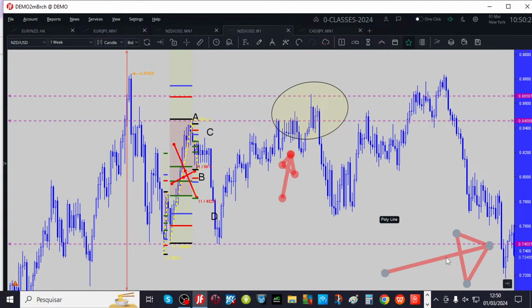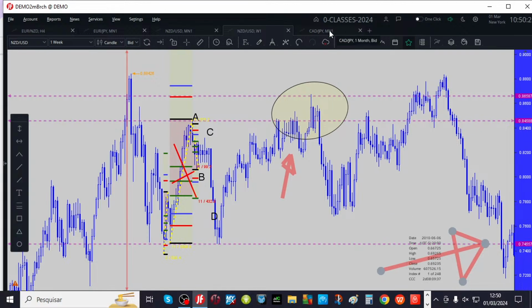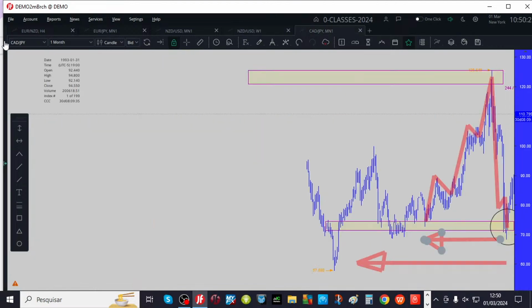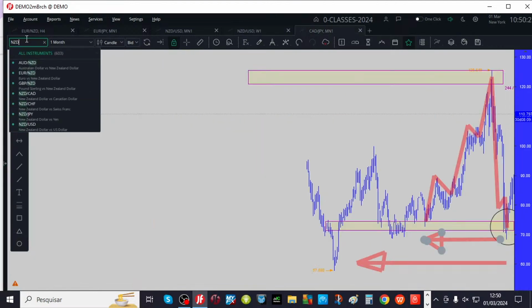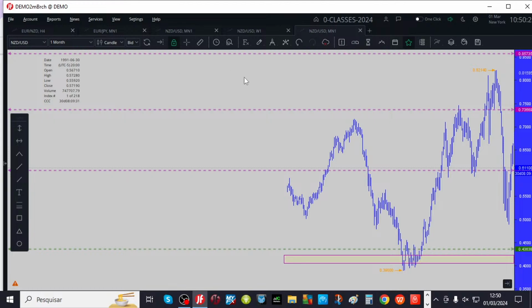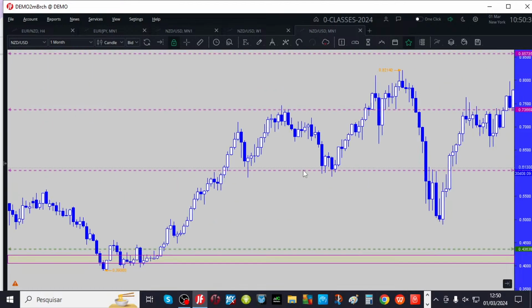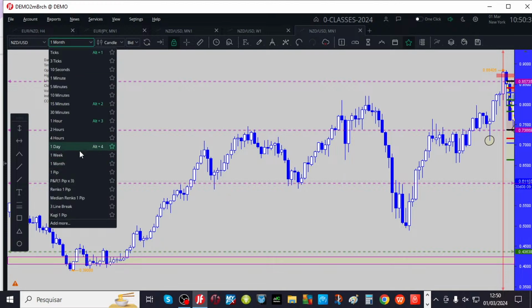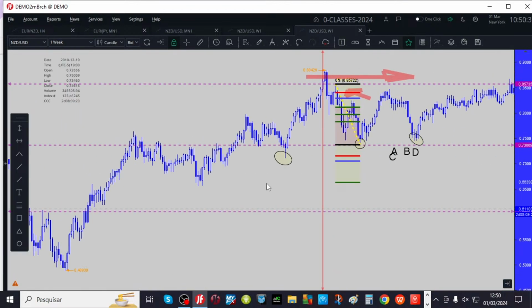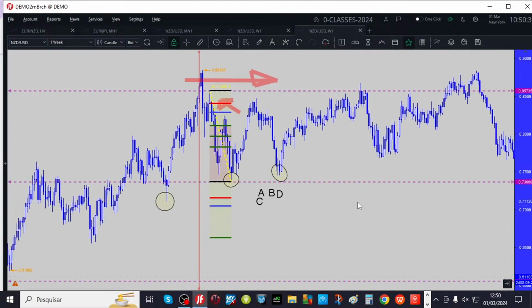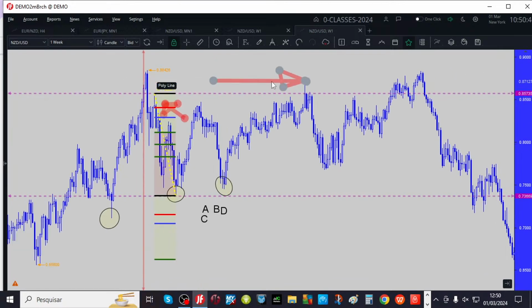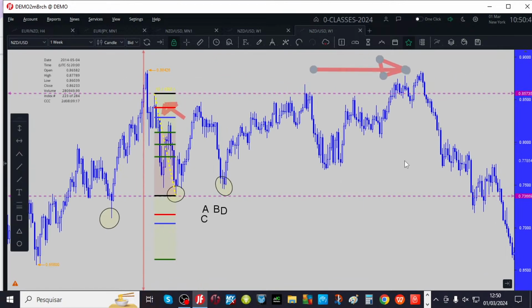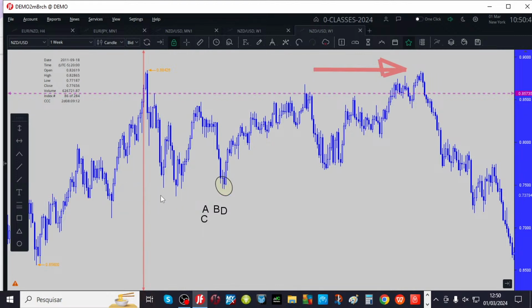This is not the same as when you go on an NZD USD weekly chart, make sense? And you just assume that, oh, I'm going to start in here. This is not the same.